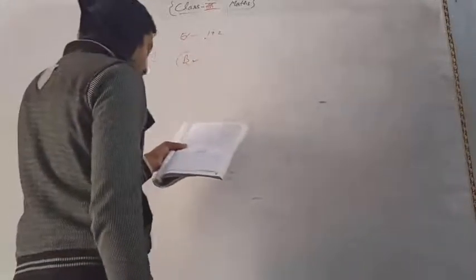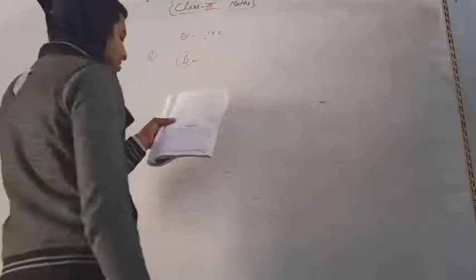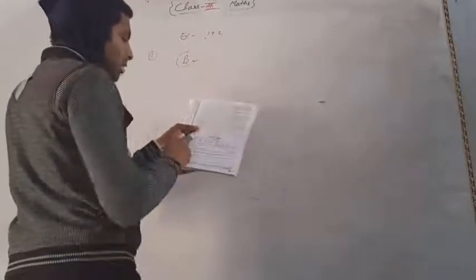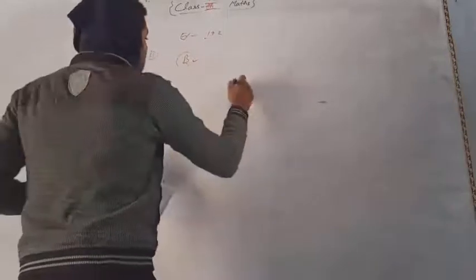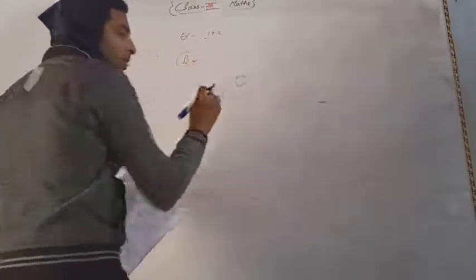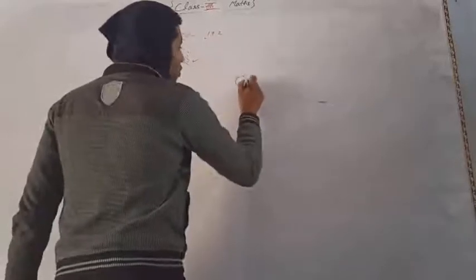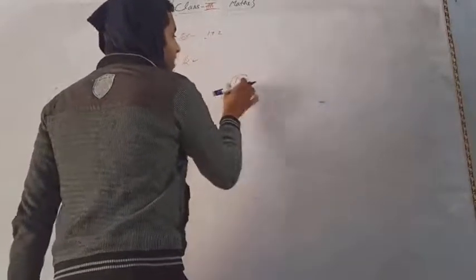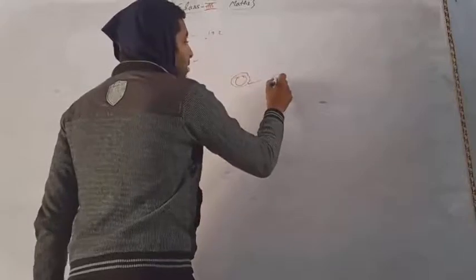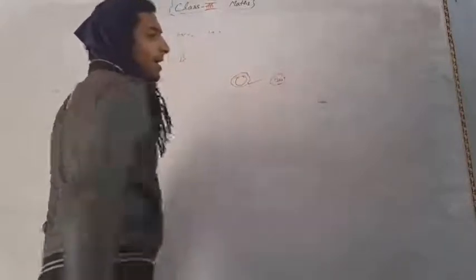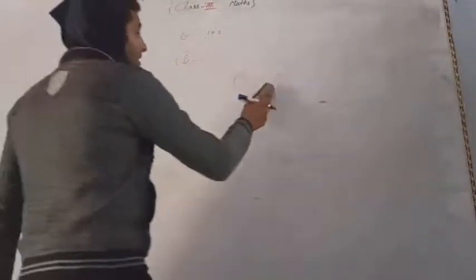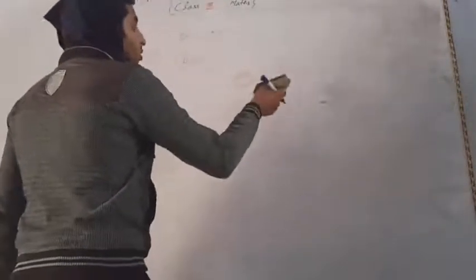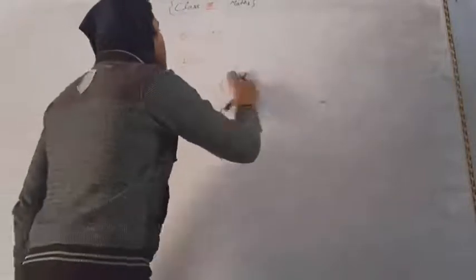And F, H, in H you will find rotational symmetry, but in O you will not find rotational symmetry because it already became a 360 degree complete angle. So you will not find the rotational symmetry in this.